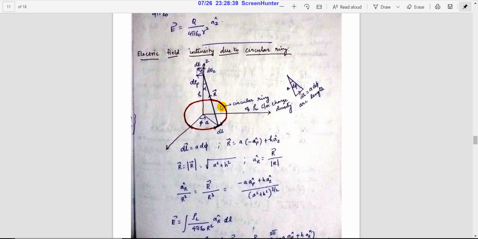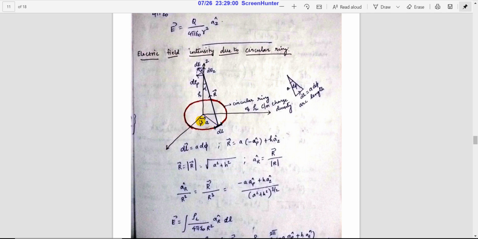In this circular charge ring, we are going to assume a line segment called dl, with a radius of a.